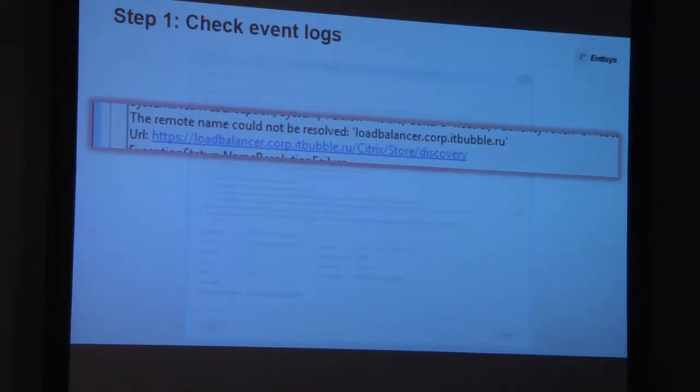I found that after I changed something, the URL address of my NetScaler Gateway or of my load balancer is not resolving, cannot be resolved, and actually it's a wrong address. I just need to change it.